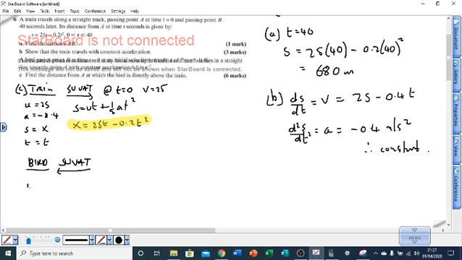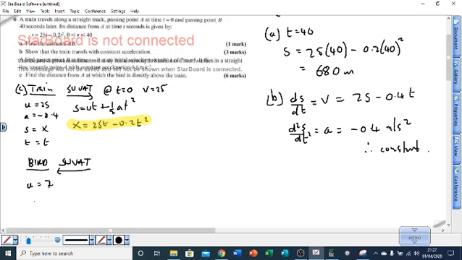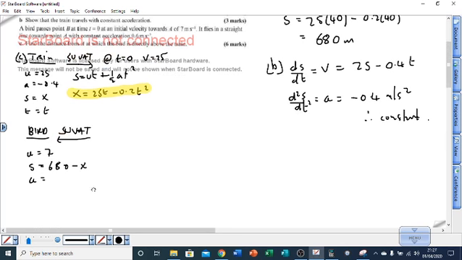So I've got u is equal to 7. I've got displacement is equal to 680 minus x. I've got my acceleration is equal to 0.6, and I've got my time is equal to t.